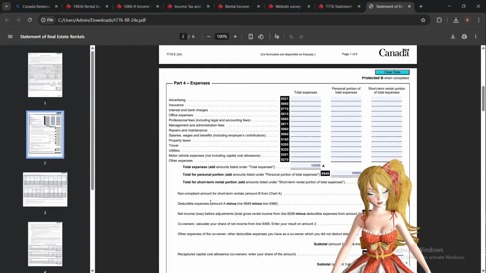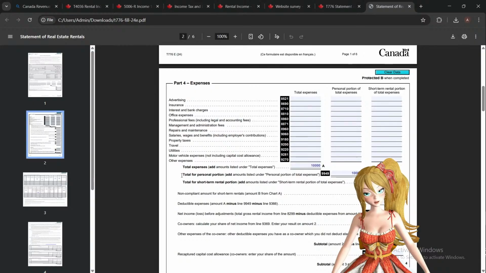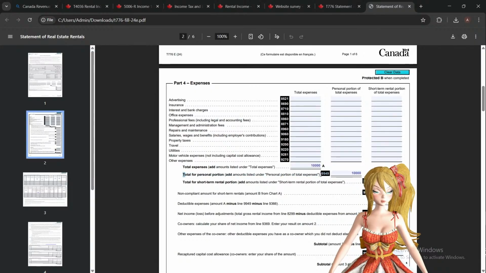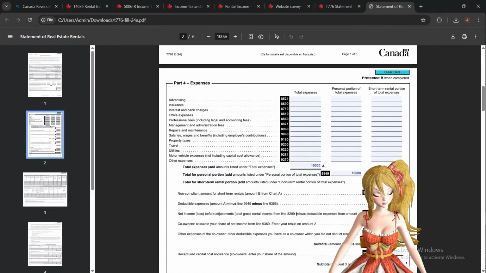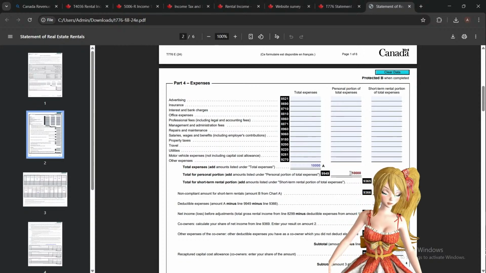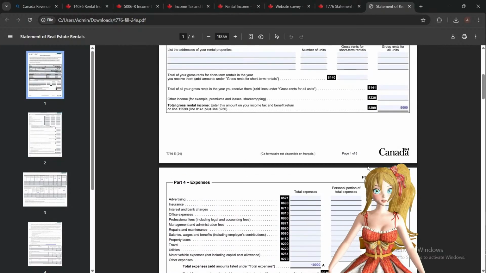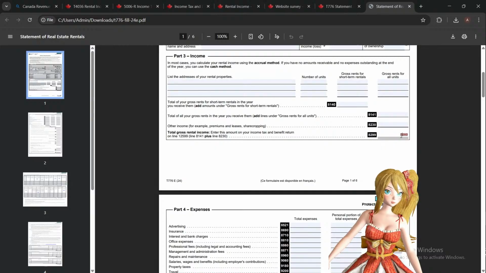So it's just strange because what I find strange is this personal portion should be the deductible, but it's not a deductible because it's minus minus. Okay, let me look at another example. If I rent this property out to somebody else, right?